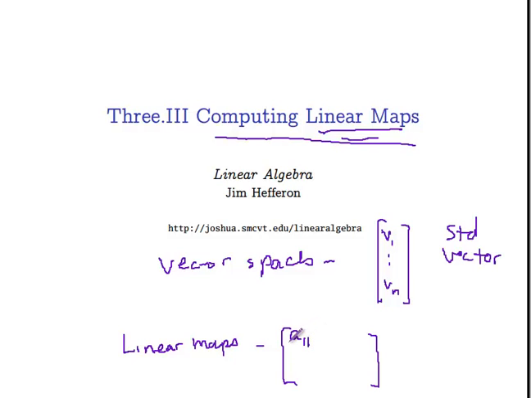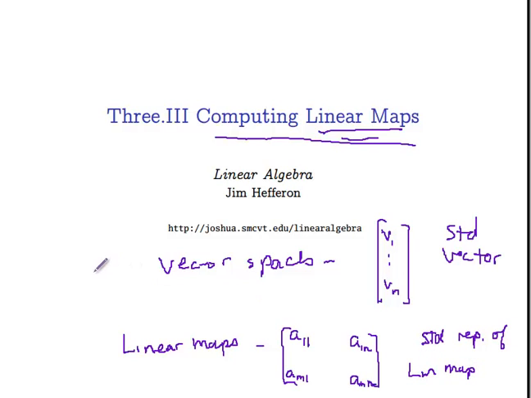So this would be the first row, first column entry of the matrix. This would be the first row, nth column entry. This would be the mth row, first column. And this would be the mth row, nth column. So I could say this is a standard representation of a linear map.